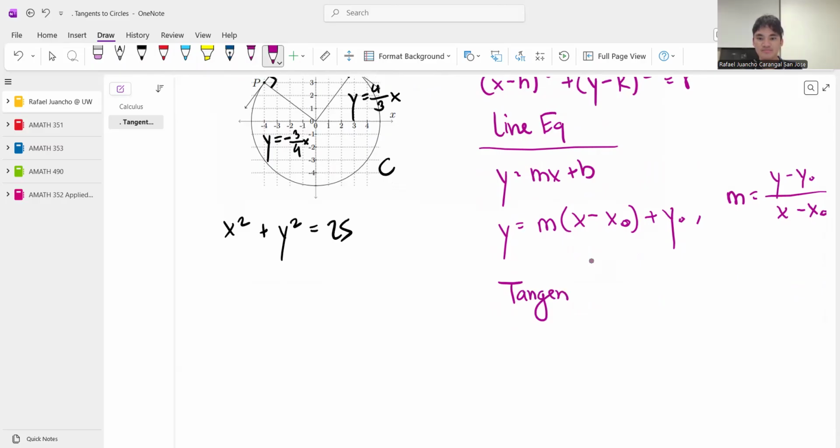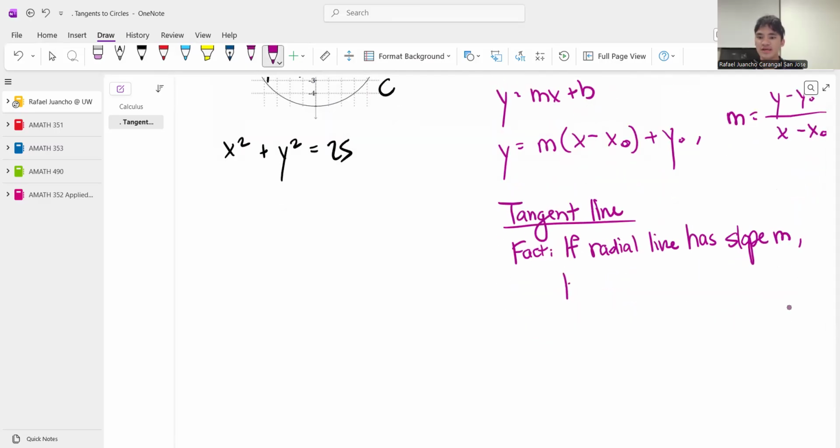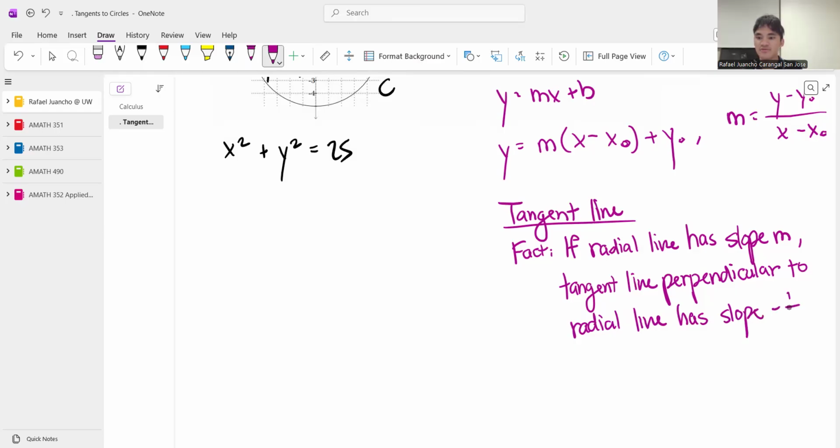When we see a tangent line, a fact that we know is that, let's say the radial line has slope m, then we know the tangent line perpendicular to the radial line has slope -1 over m.